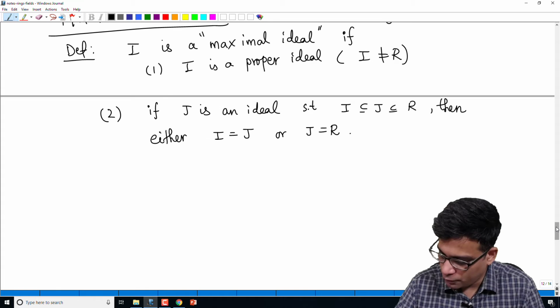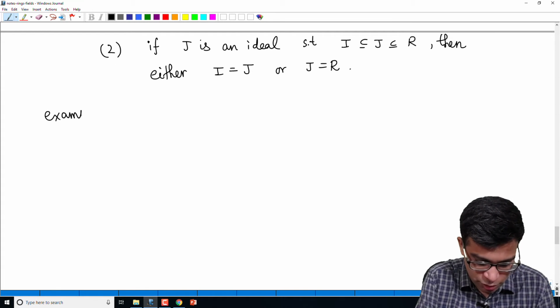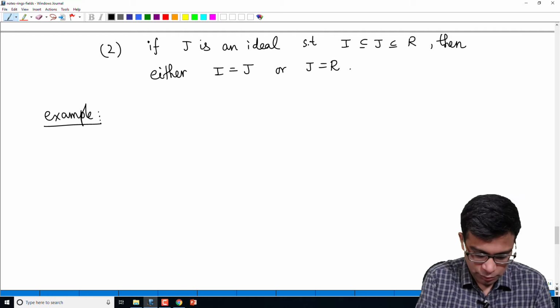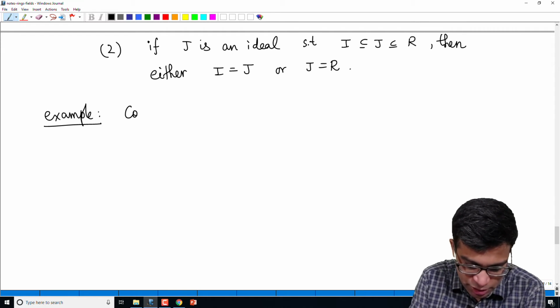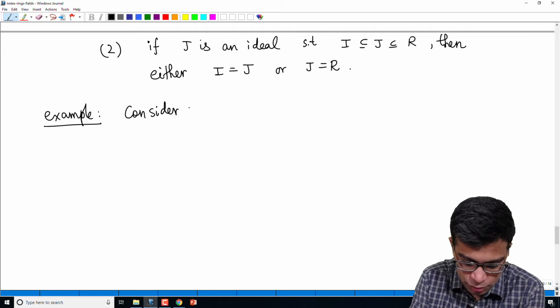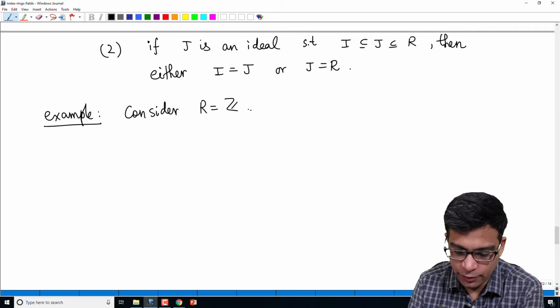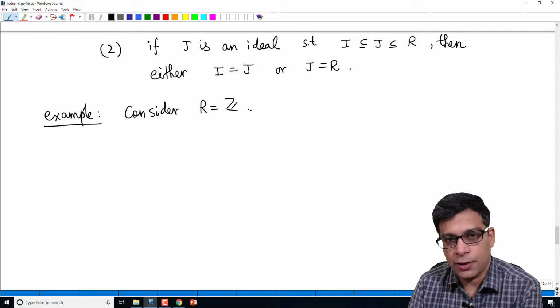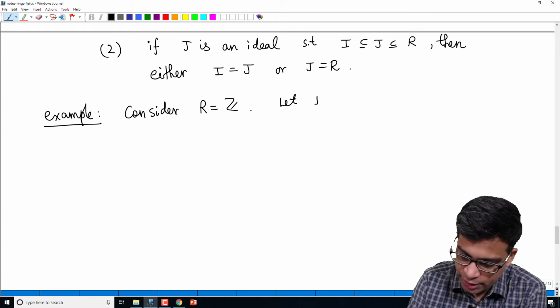So I want to make some obvious comments here. The first is an example. Consider the ring of integers. This is our most familiar example; for everything we start with the ring of integers. So what are the maximal ideals? Let I be an ideal.